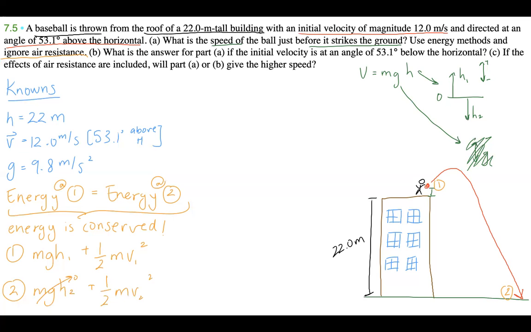That means all the potential energy, the mgh1, is converted to kinetic energy, because we have no potential energy at point 2.